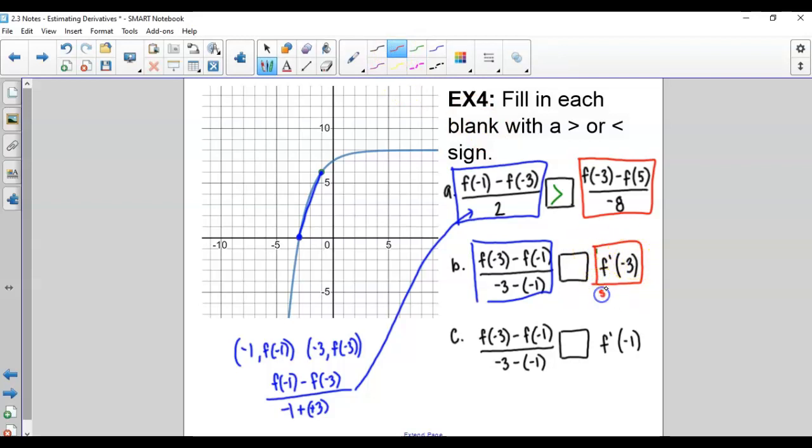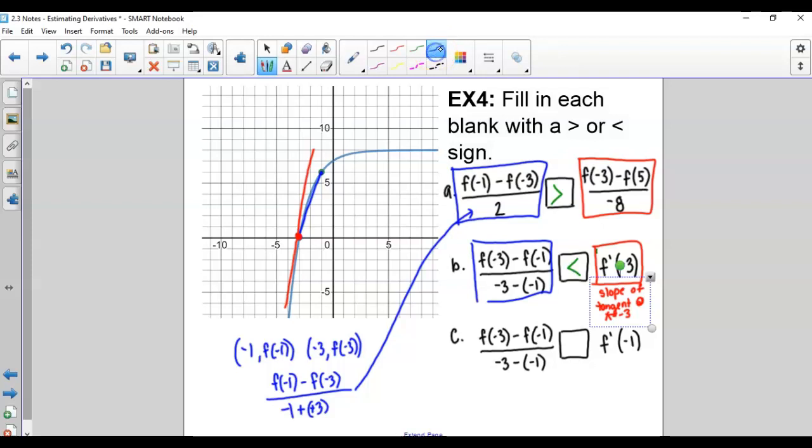This is the slope of the tangent at x equals -3. If we're drawing in a tangent line, it's going to look something like that. I don't know the values of these, but I can see that red line is a little bit steeper than my blue line. So when I fill this in, I would put a less than sign, because the slope of that tangent line at x equals -3 is a little bit steeper.